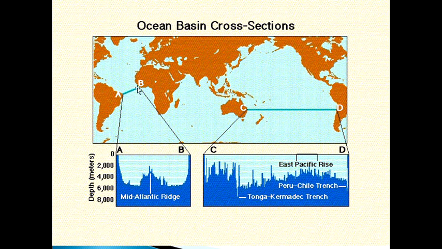The next bunch of slides are a whole bunch of cross sections throughout the ocean basins, and how you read these is the lines, like for instance here AB is the area that the satellite traversed to map. The cross section below shows the bottom of the ocean as revealed by this. So the signal goes all the way through the water and bounces back up, and one of the things it reveals is drop-offs, flat abyssal plain areas, and then in the central part of the Atlantic, you notice big highland areas.